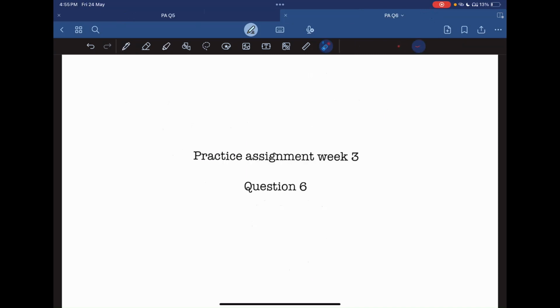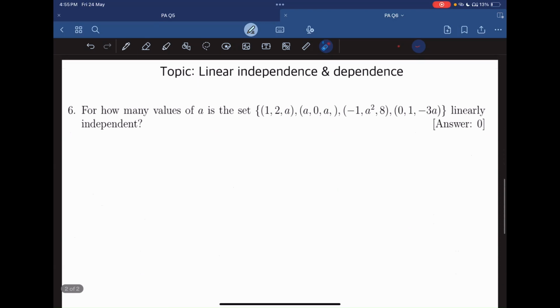Let's solve question 6. For how many values of A is the set linearly independent?